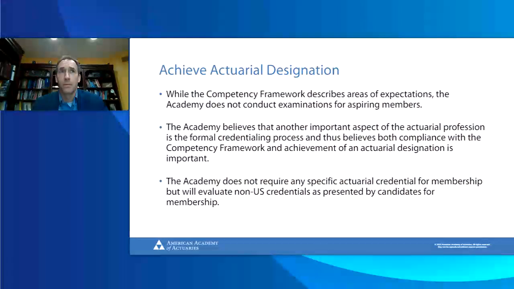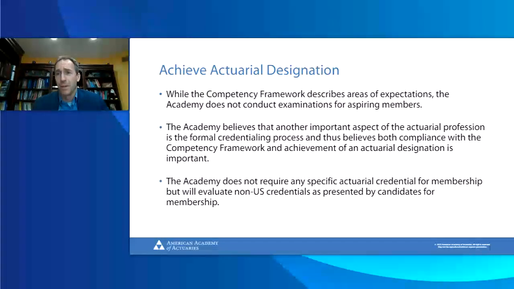The list does not exclusively include the US organizations. There certainly are other organizations that we regularly receive applications from, but it certainly does include the SOA, the CAS. We have every intention of continuing to accept folks who have passed the enrollment exams issued by the Joint Board for the Enrollment of Actuaries. As another example, again, that is a recognized actuarial credential.